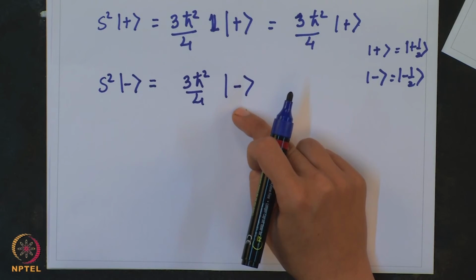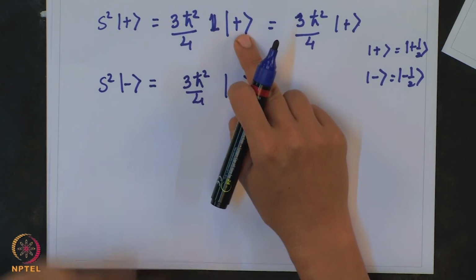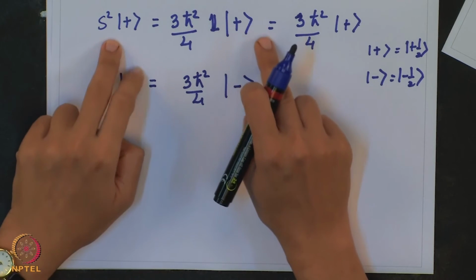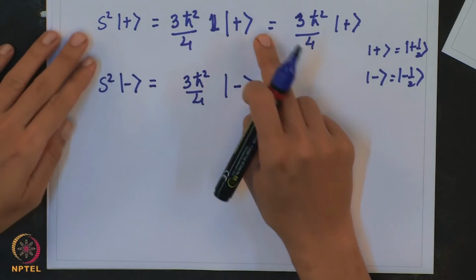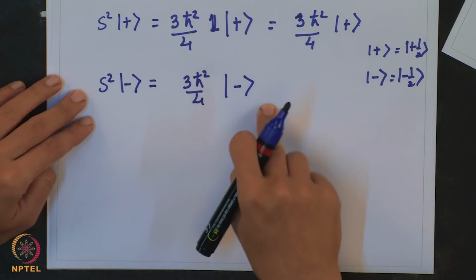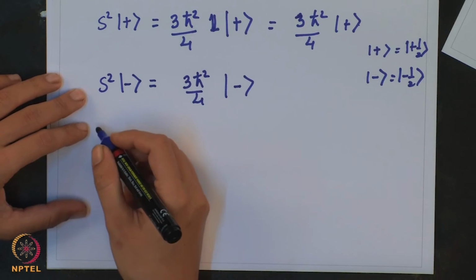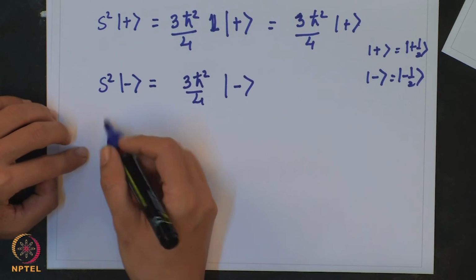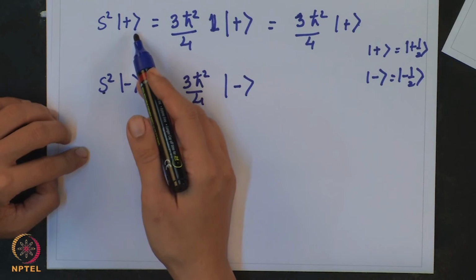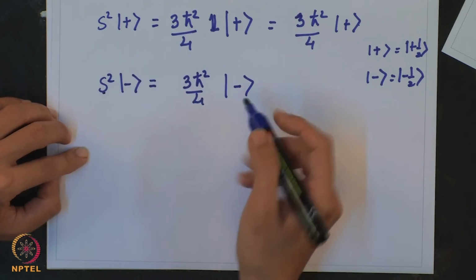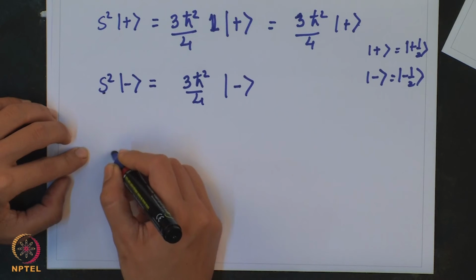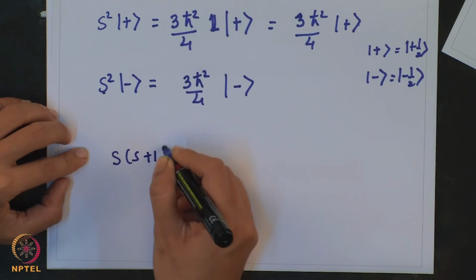You can work out each step if you are not very much convinced with what I have written here. From this you can also think in another way: S square when operated on these eigenvectors gives me the eigenvalue of the form s into s plus 1.